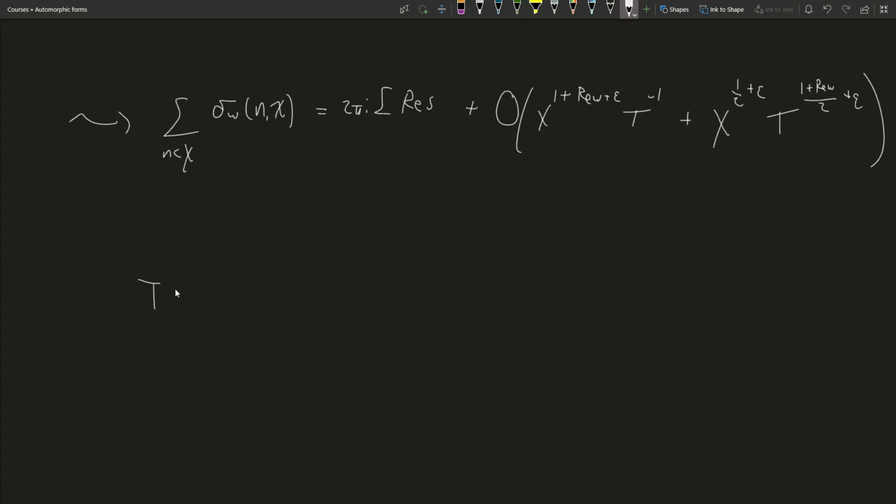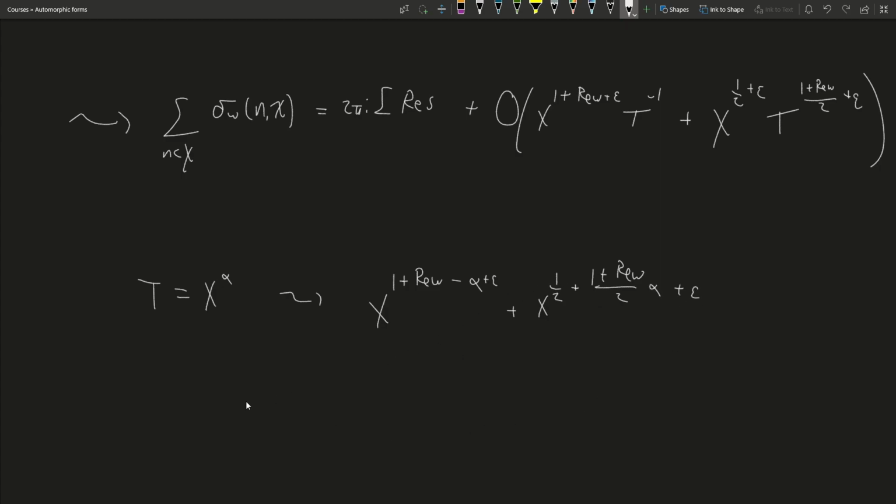Let's say that t is x to the alpha, then dropping the epsilons, this first one is going to be x to the 1 plus the real part of w minus alpha, and the second term is going to be, so maybe I'll put in the epsilon here, and here we have an x to the 1/2 plus 1 plus the real part of w over 2 times alpha plus epsilon.